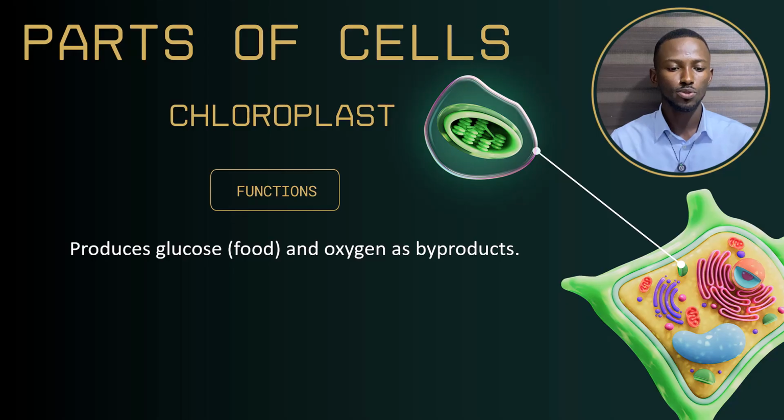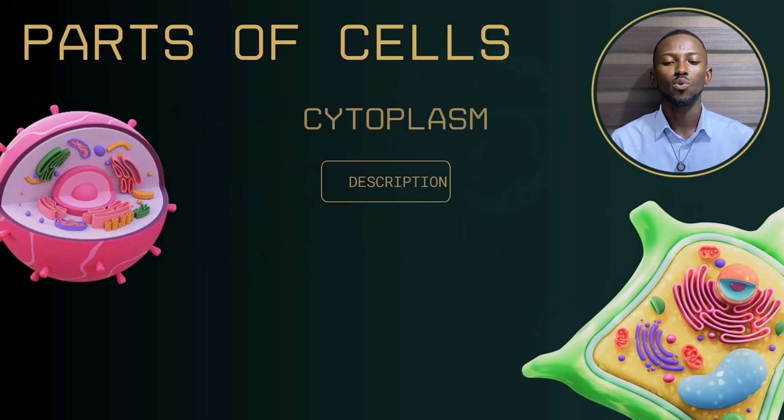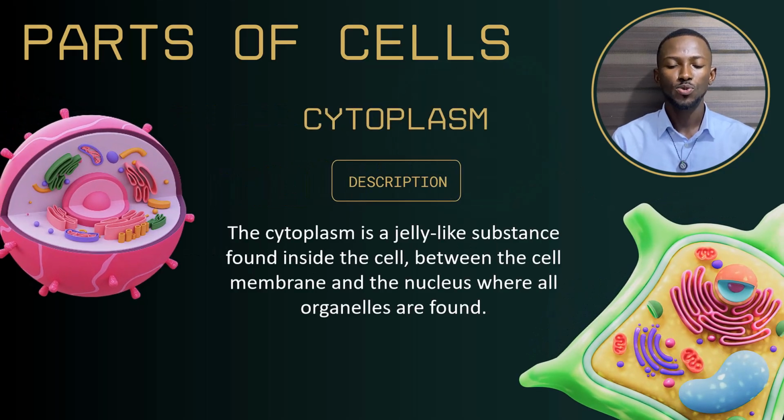Two, chloroplast produces glucose, that is food, and then goes ahead to produce oxygen as a byproduct. Good. Then finally, it stores energy needed for plant growth and survival. Interesting and useful chloroplast.